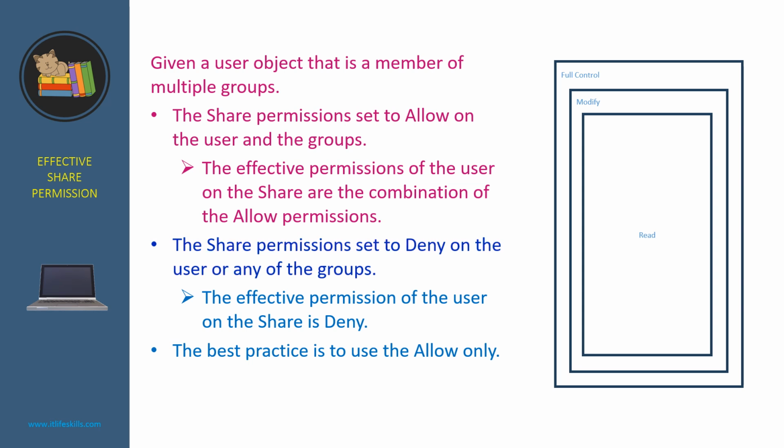When we set the share permission to deny on the user or any of the groups, the effective permission of the user on the share is denied. So the best practice is to use allow only.